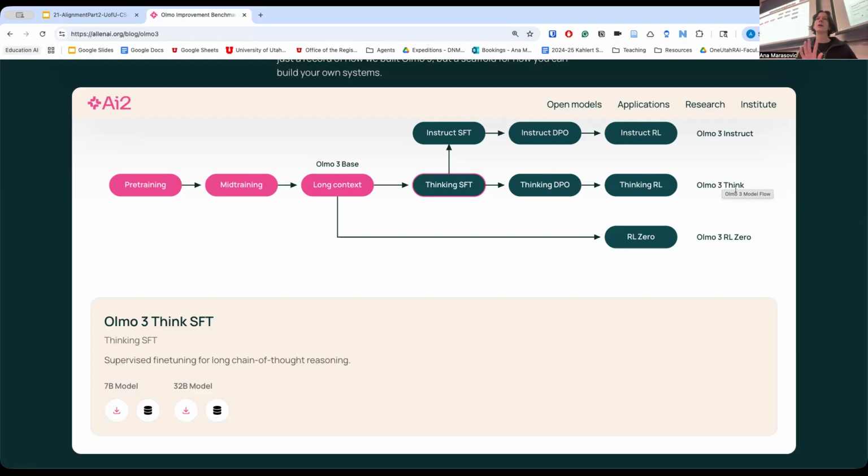Okay, so basically what I want to say in terms of what you have learned, not significantly much has changed. It's rather about the data, right? We embrace this fact that what you add at the end of the curriculum is remembered by the model more. So if you care about your model being great at math and code and science, you add that kind of data at the end of the training.